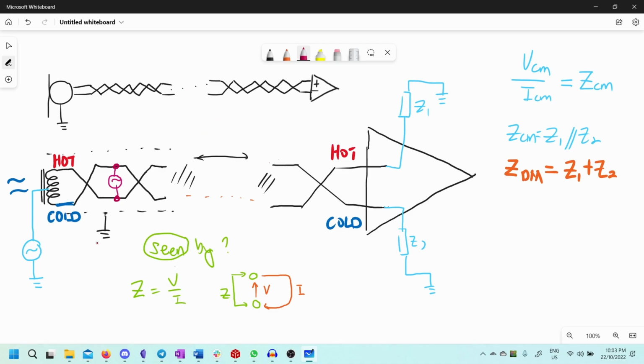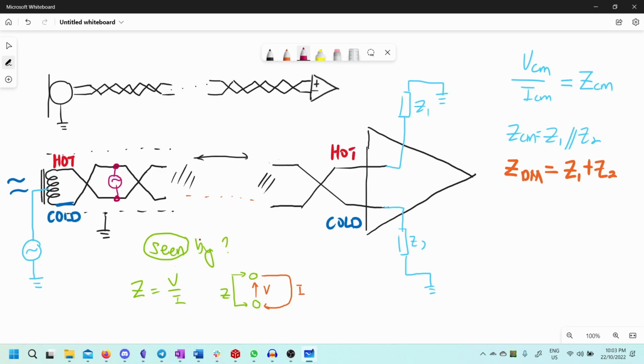As for the common mode, if we have some sort of voltage that is driving this end of the microphone, well, what is the common mode impedance that is seen by this? The common mode impedance is going to be whatever voltage is present here, with reference to ground, of course, divided by the current that flows across this entire wire pair as one through these 2 resistors in parallel now, crucially, and coming all the way back through ground.